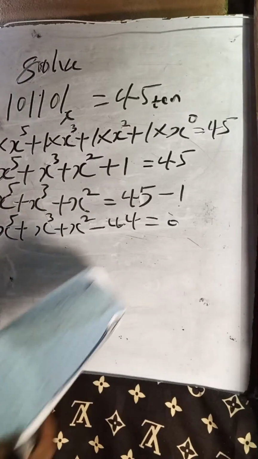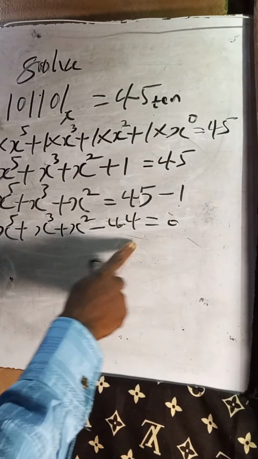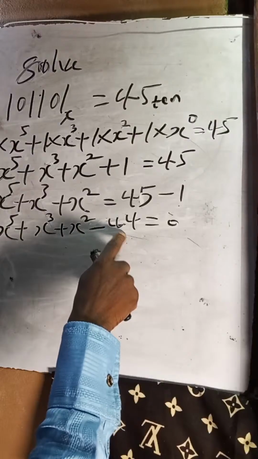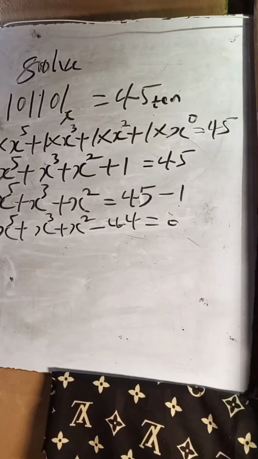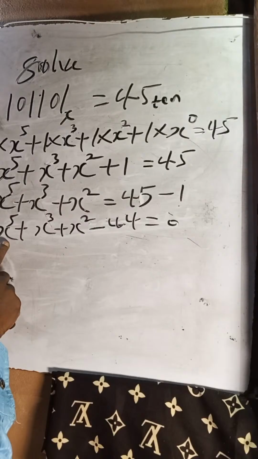So what will give us 0? We are going to get some numbers here that will give us 44, so that the minus 44 will go. Let's try 1 and try 2. If we try 2 raised to power 5, that will give us 32.